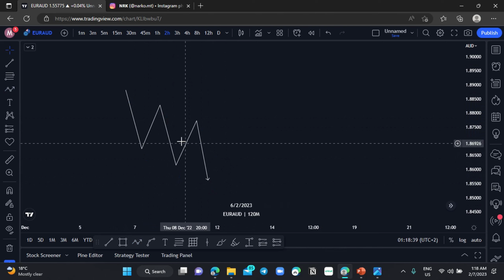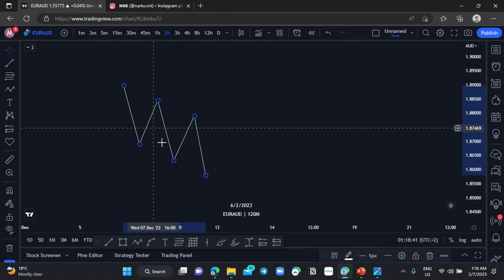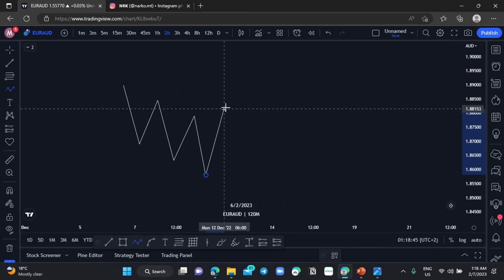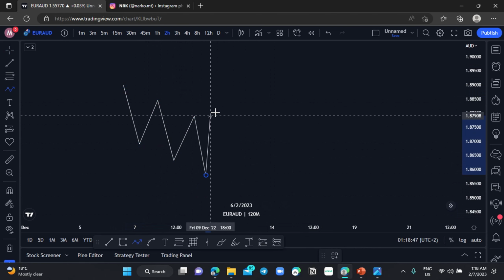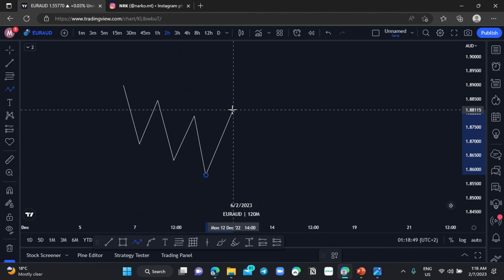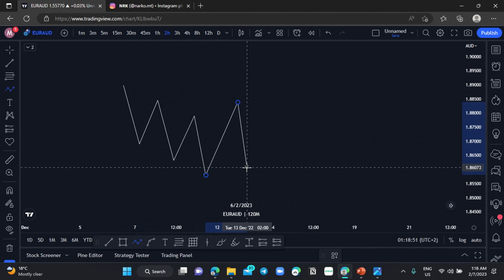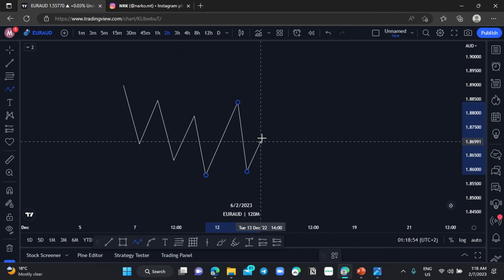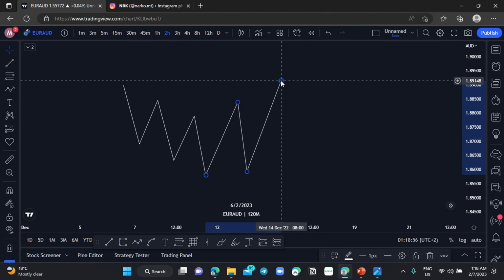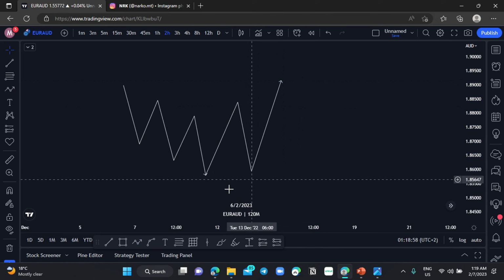And for us to change trend from a bearish to a bullish, we need a change of character, whereby we are looking for this lower high to be violated and our lower low to be respected. Okay, and price will push to the upside like that.